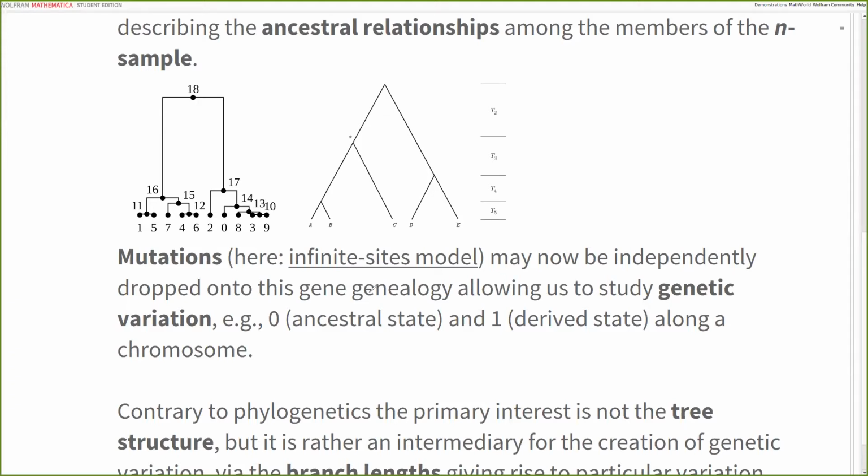Since this will be predominantly about theoretical population genetics and not phylogenetics in its basic sense, we are not necessarily interested in the tree structure, as may be the case in phylogenomics or phylogenetics, but rather in the coalescence times, and namely the branch lengths that give rise to particular variation in our sample.